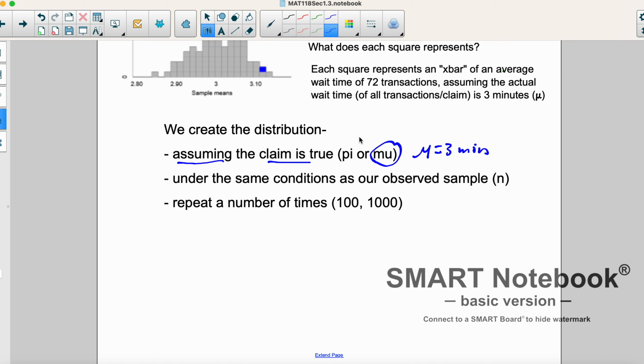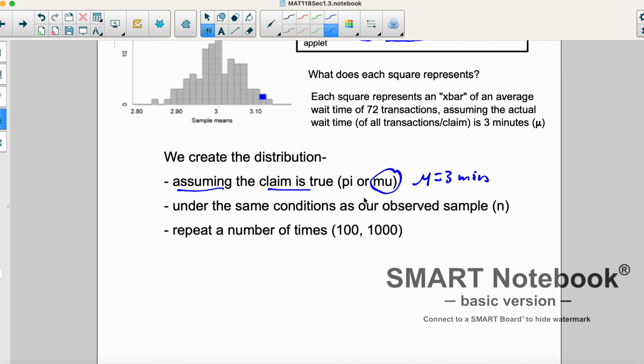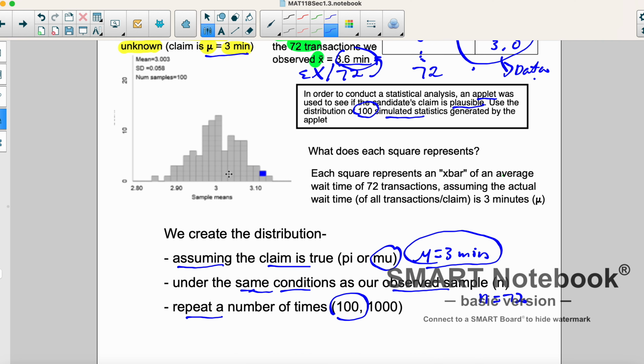So we're going to generate a bunch of x bars, assuming that the actual average time is 3 minutes. We want to do it under the same conditions as what we actually observed, in this case n equals 72. And then we want to repeat it a number of times, in this case 100 times. So there are 100 squares.